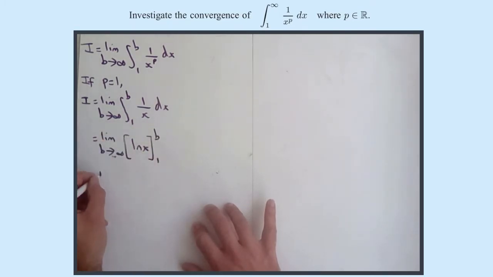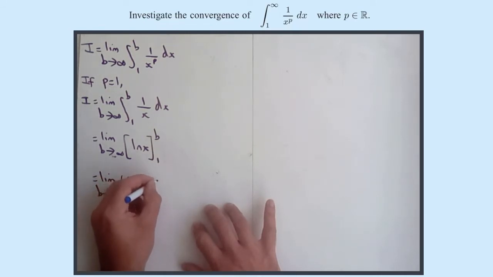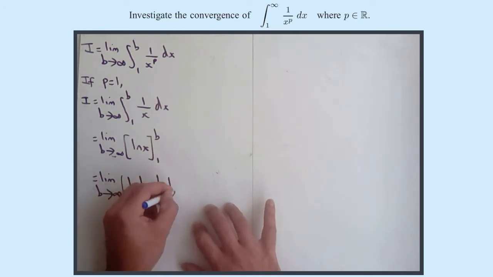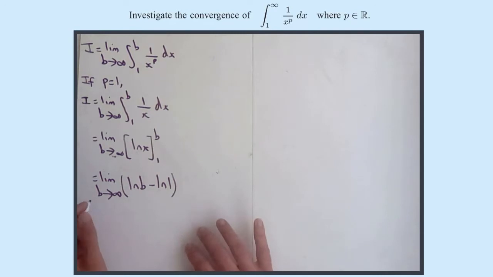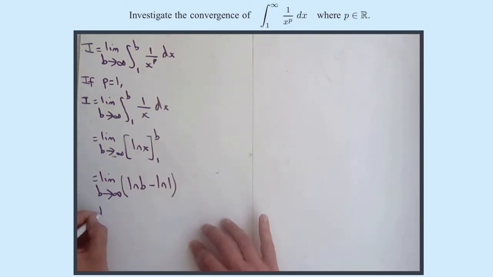Right, so that equals the limit as b approaches infinity of ln b minus ln 1. Well, ln 1 is easy enough, that's just 0. Remember, the power you raise e to to get 1, so that's just 0. So this now equals the limit as b approaches infinity of ln b.